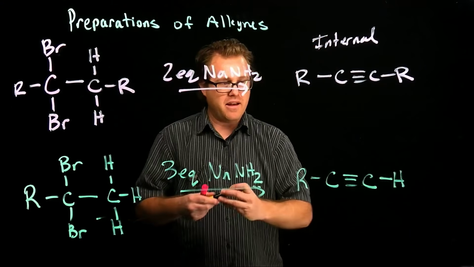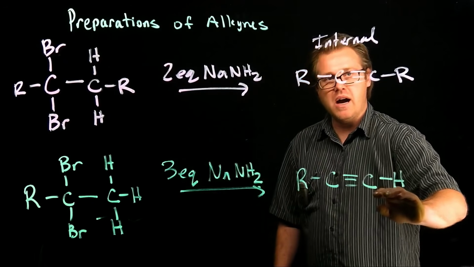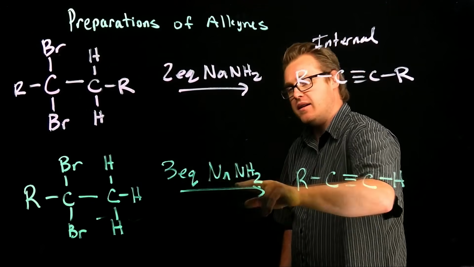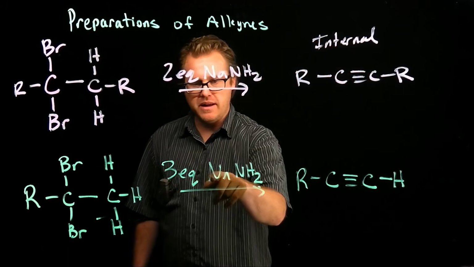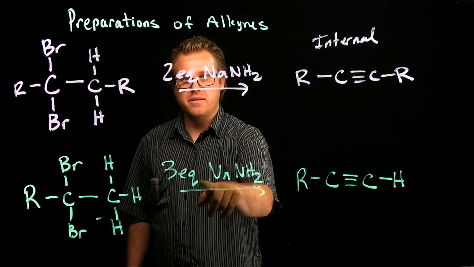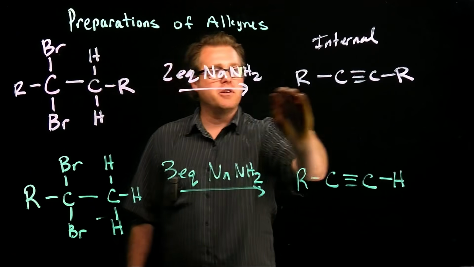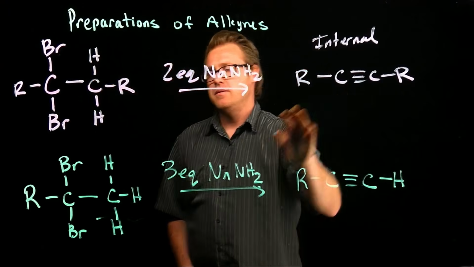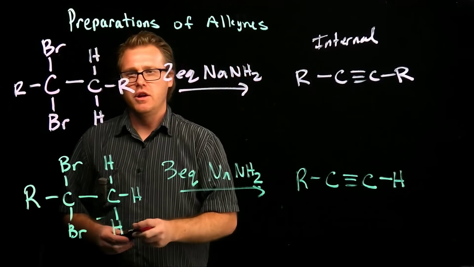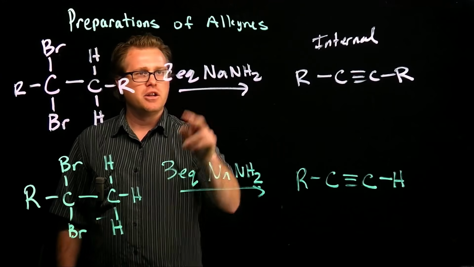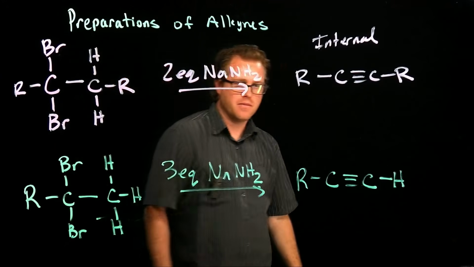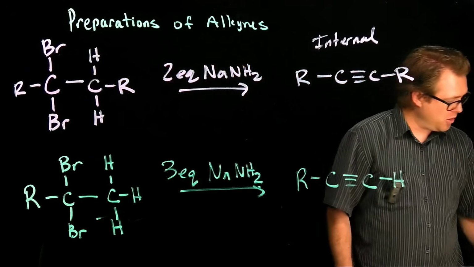So when the end product is a terminal alkyne, you have to add 3 equivalents of sodium amide. Okay? But when you're just making an internal, you only need to add 2. We're going to see why in a moment.